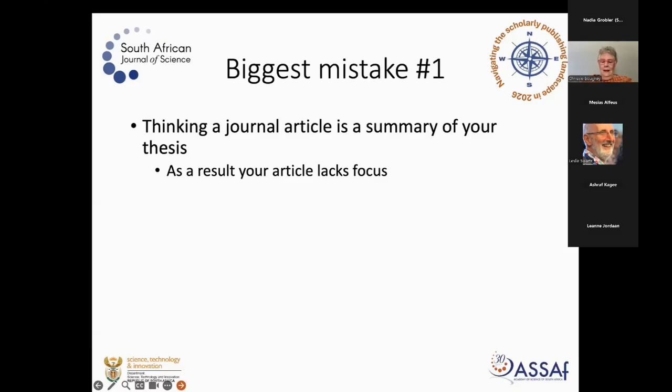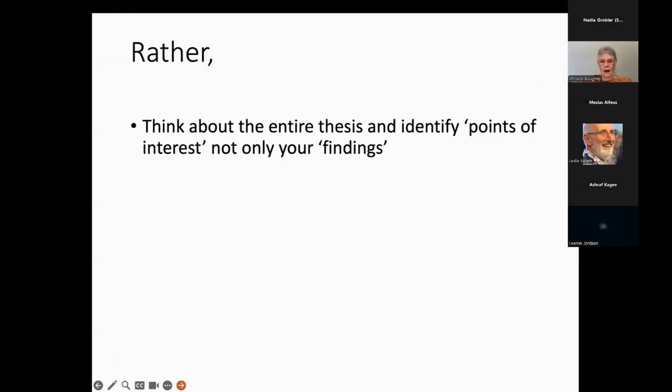When you write an article which is a summary of your thesis, the article lacks focus. It's like all you've done is condense the thesis, and you've often just copy and pasted chunks from the thesis into an article. So the big thing to remember is: I'm not writing a summary of my thesis.